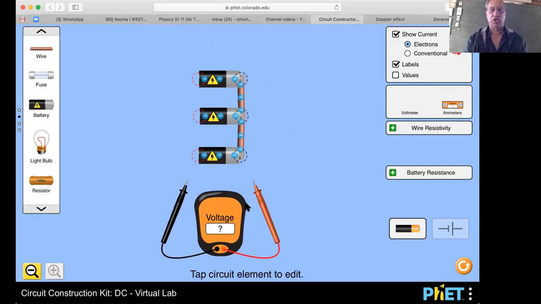Let's see what the voltage is of each cell. So, how can the voltage be 10,000 volts? That's impossible.